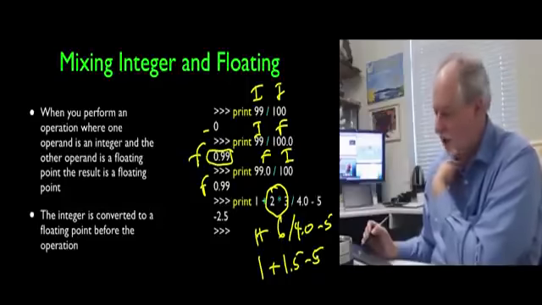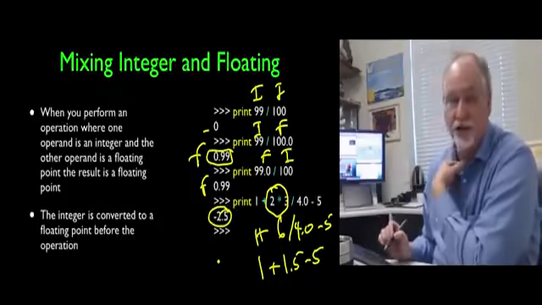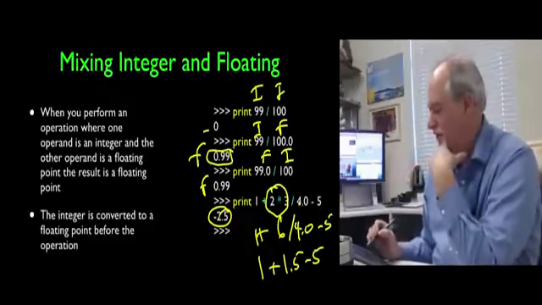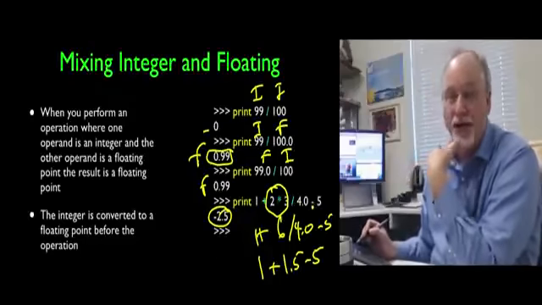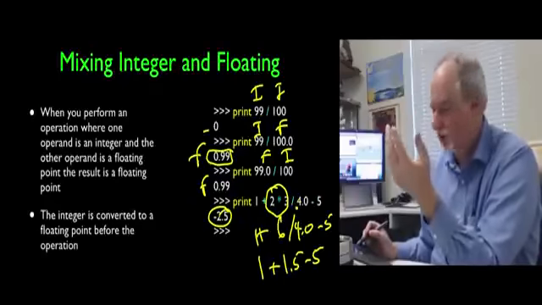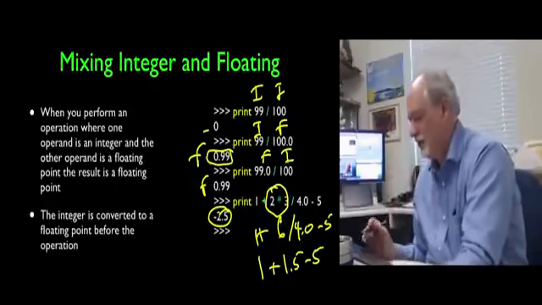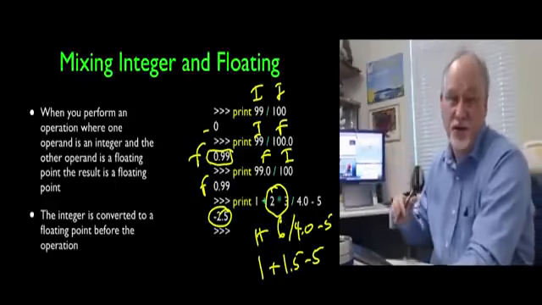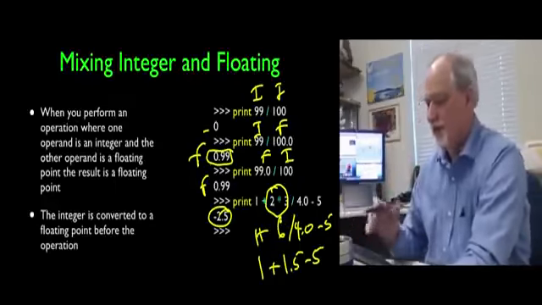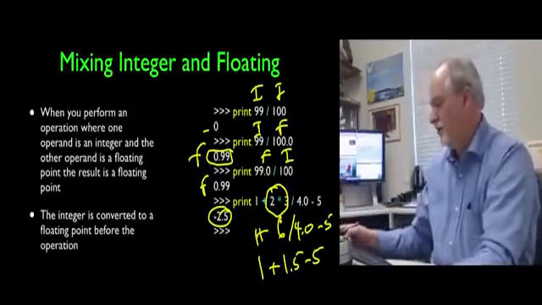And then the rest of the calculation is done floating point to the point where the ultimate is a floating point negative 2.5. So you can throw a floating point into a calculation, and as soon as the calculation touches the floating point, the remainder of the calculation is done in floating point. Kind of converts it to floating point, but it doesn't want to convert it back because it considers floating point sort of the more general of the representations.